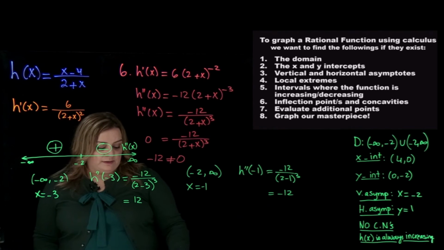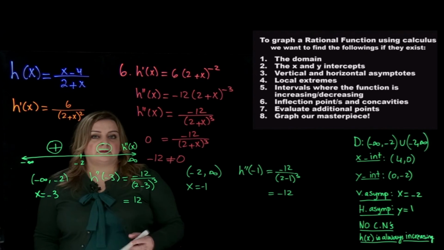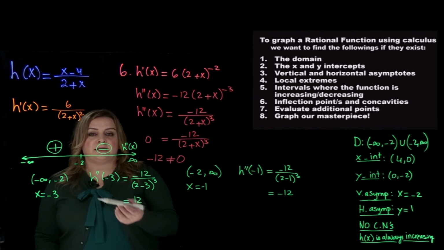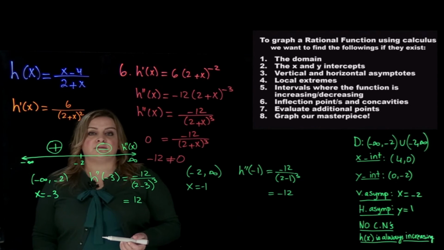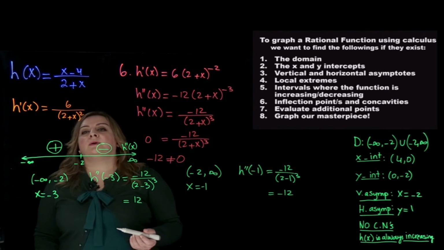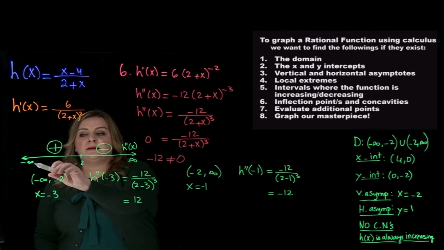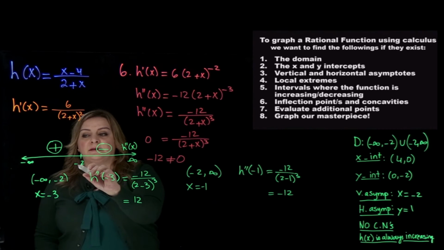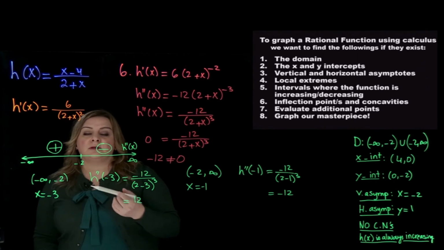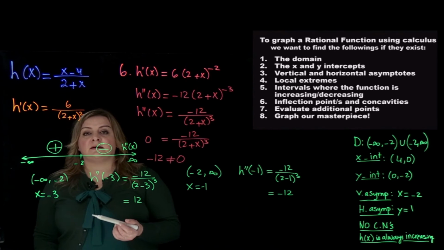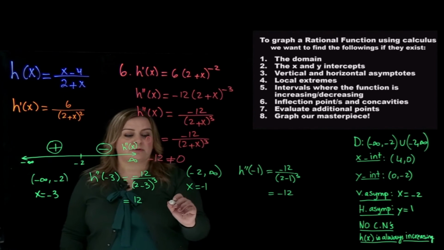Now what does this mean? What information can I have about my original function? What this means is that on the interval negative infinity, -2, the original function h of x is concave up. So let's write this down.